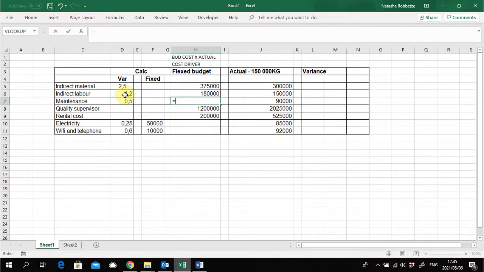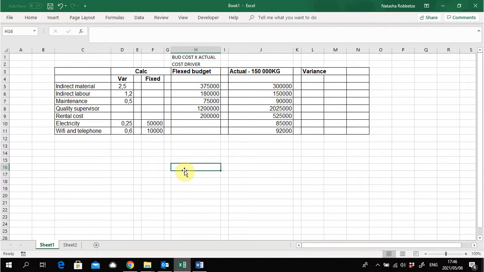And for maintenance, I'm going to take the 50 cents and times it by 150,000 kilograms. So there I have now calculated all my flexed budgets for the variable cost. And then the fixed cost was easy because it was still a budget, so I just had to copy the budget totals from the question.